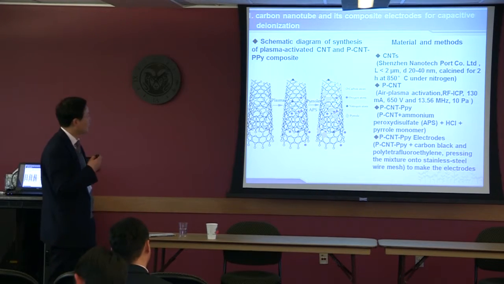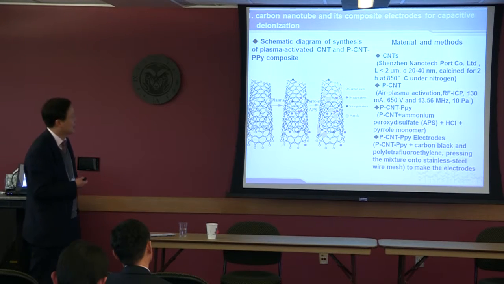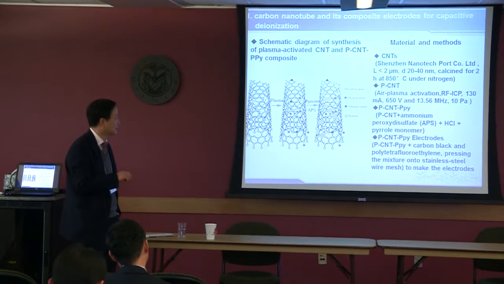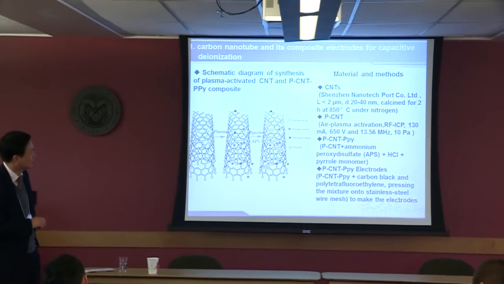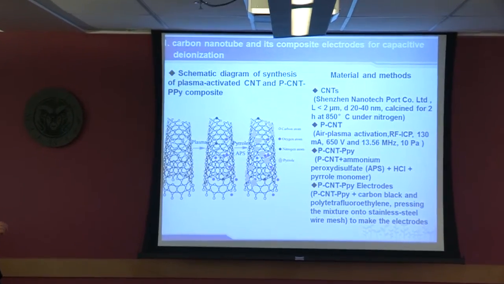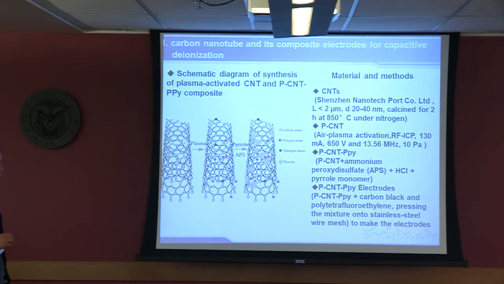In the first step, we bought the CNTs from a commercial company, Shenzhen Nanotech company. This carbon nanotube has a length of less than 2 micrometers and a diameter of 20 to 40 nanometers.